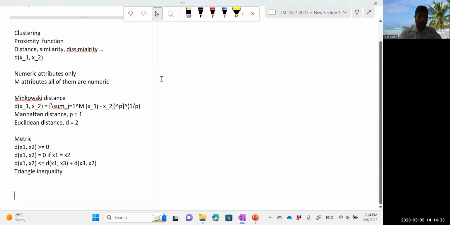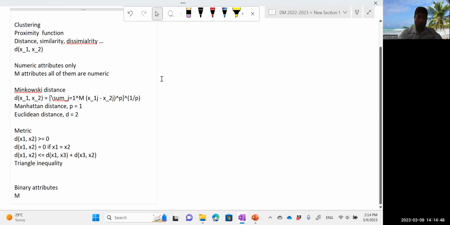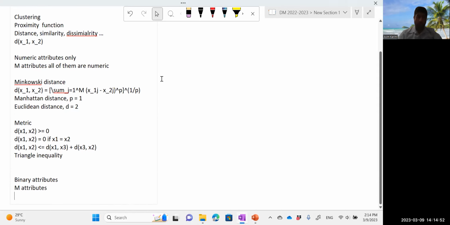Okay, so now let's talk about binary attributes, meaning that all attributes are binary. So what are binary attributes? You have 0, 1 only, or M, F, or whatever, only two possible values for each attribute, and you have M attributes in general, all of them being binary.